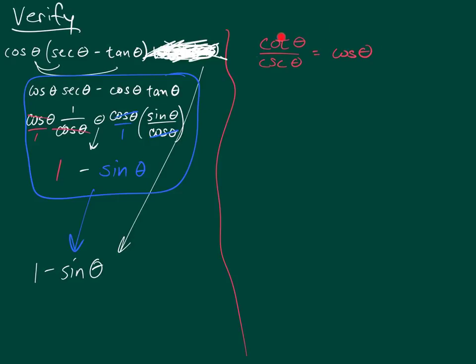And so I'm going to do something very similar over here for this one. Cotangent theta over cosecant theta equals cosine theta. Anytime I see a fraction, I know that is definitely more complicated than not a fraction. So over here, I don't know how this cotangent and cosecant are going to interact with each other.